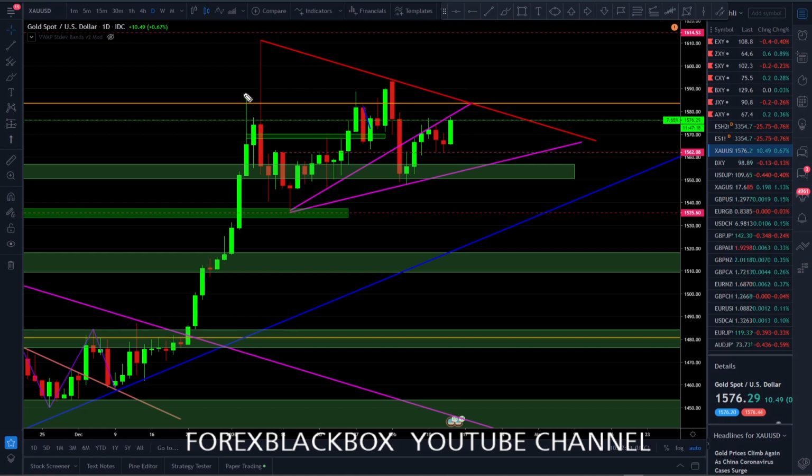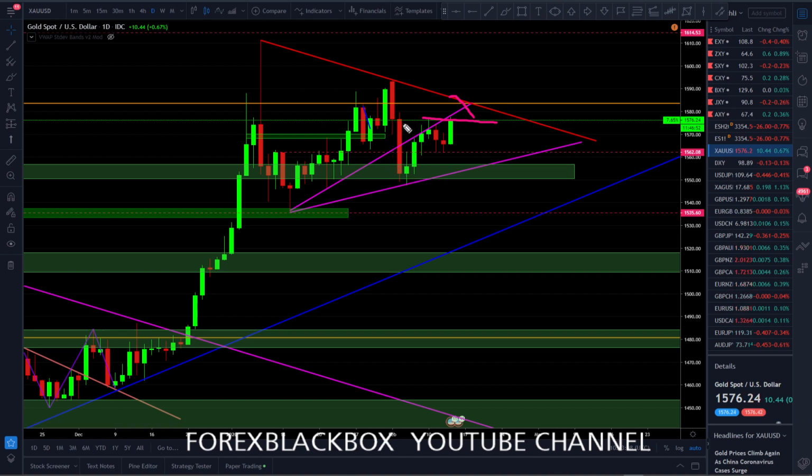So I expect this area to be tested one more time here. Could be three tops. We'll see some rotation come back down to this level. So where we are right now, if you want to trade it, you could long it all up to here. You leave your stop loss below that day, and when you come up to your target, then you can try to short it back all the way down to here. So that's a good play.